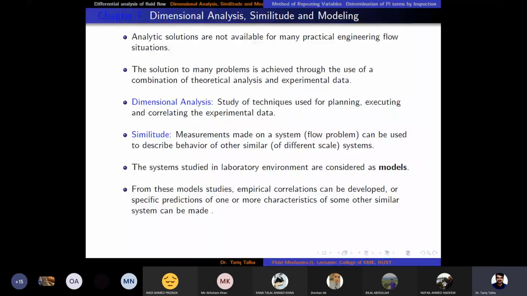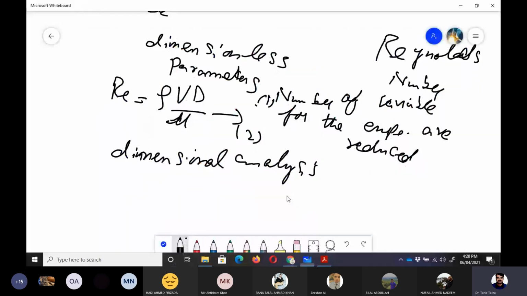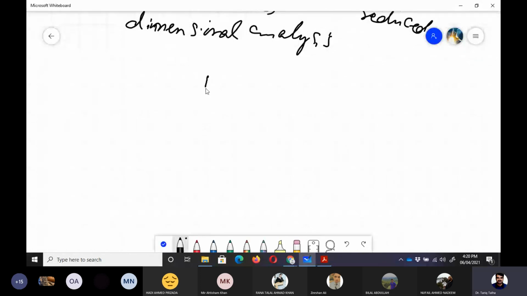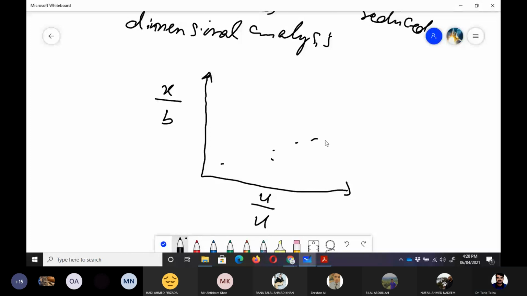Now, why do we conduct experiments? Because we need to find how the dependent variable changes with the change in the independent variable. If we conduct experiments between two non-dimensional parameters, like u upon U, which is non-dimensional, and the second parameter x upon b, there will be a wealth of data.